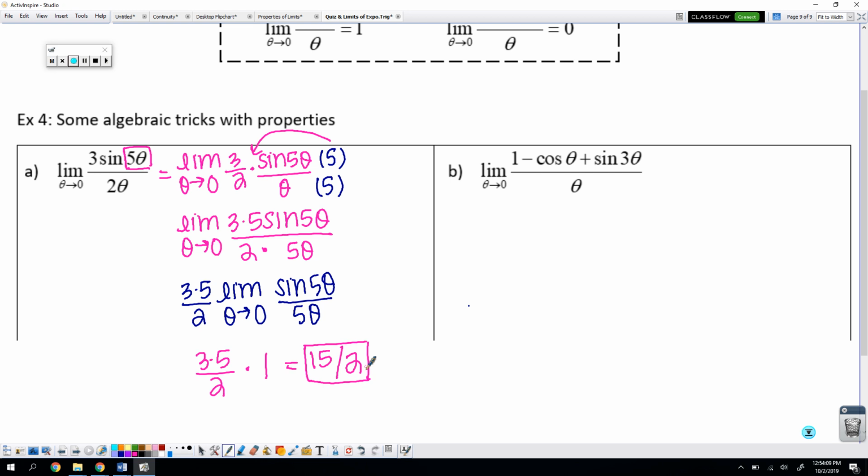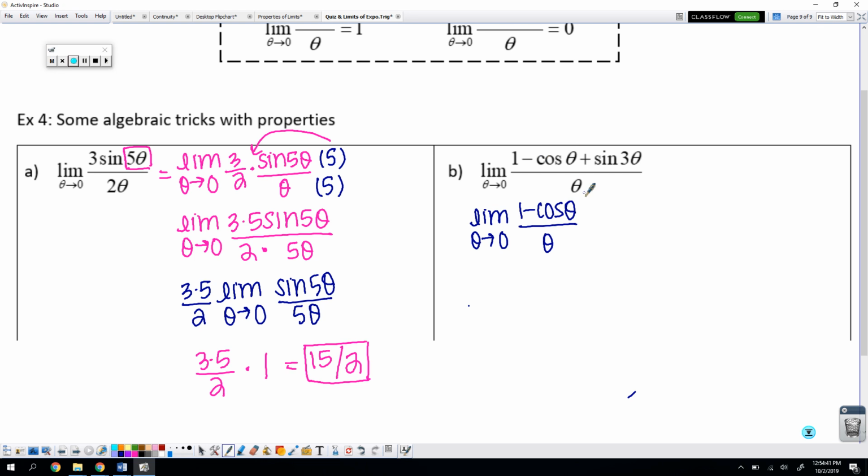Now, for the next one, we're going to have to be really fancy here because I see both the cosine property and the sine property. When you have these two things added, remember we said that for the limit as x approaches c of f of x plus g of x, you can separate those. So we're going to separate them. We have the limit as theta approaches 0 of 1 minus cosine theta over theta, because you have to put a theta under it.